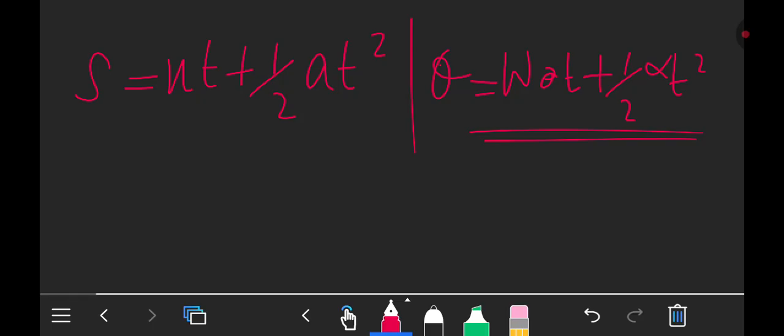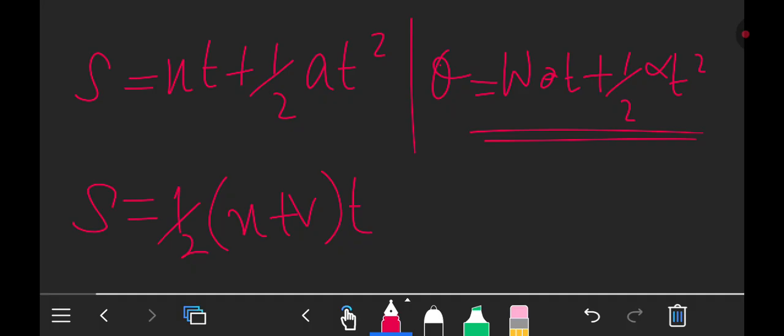Let's look at another equation. Let's say the equation for when you are dealing with displacement, we say displacement or distance is equal to half multiplied by, in brackets, initial plus final velocity, multiplied by the time.